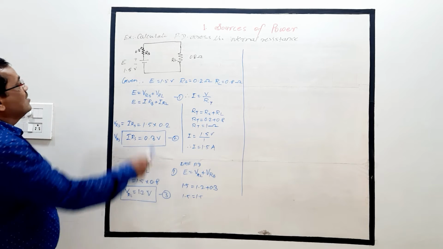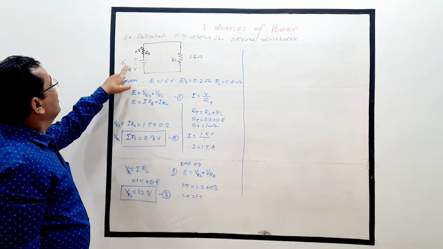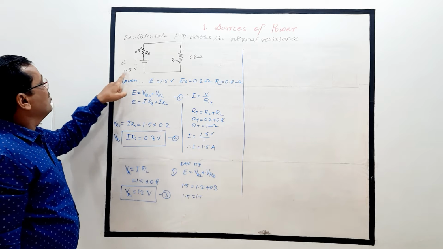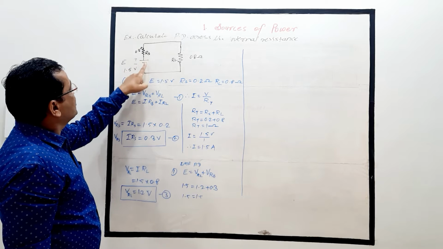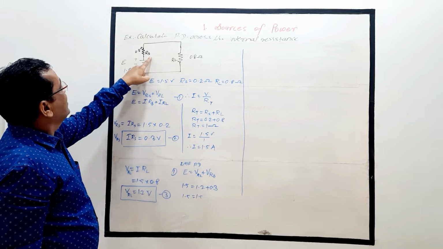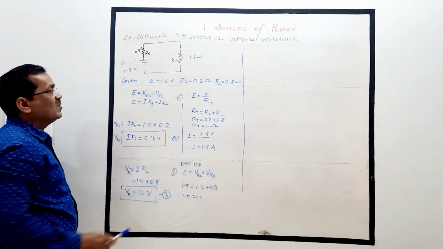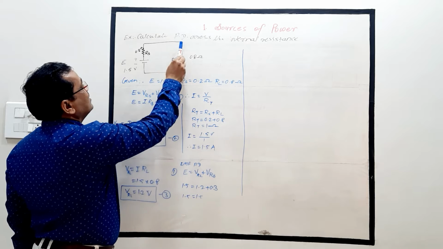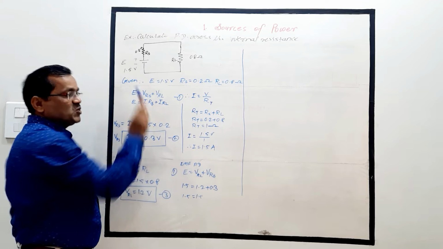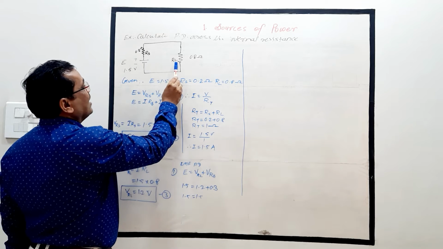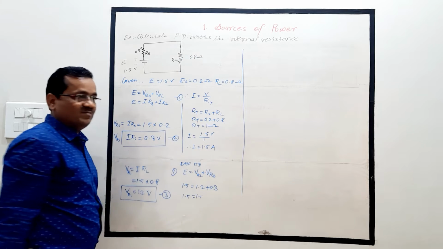So here, draw a circuit having the source of potential 1.5 volt, the source resistance Rs of 0.2 ohm, and the load resistance RL, which is parallel to this source, of 0.8 ohm.